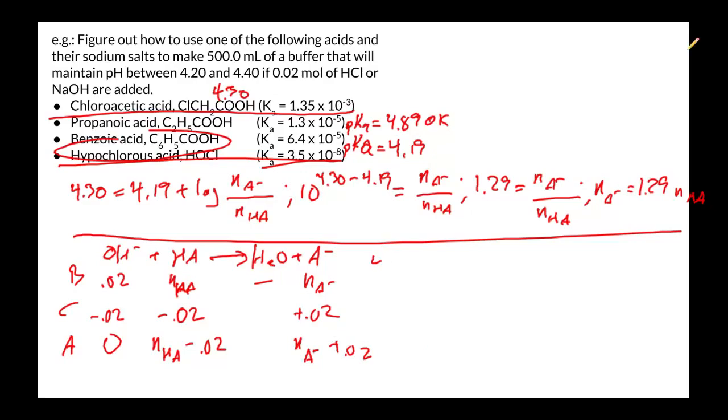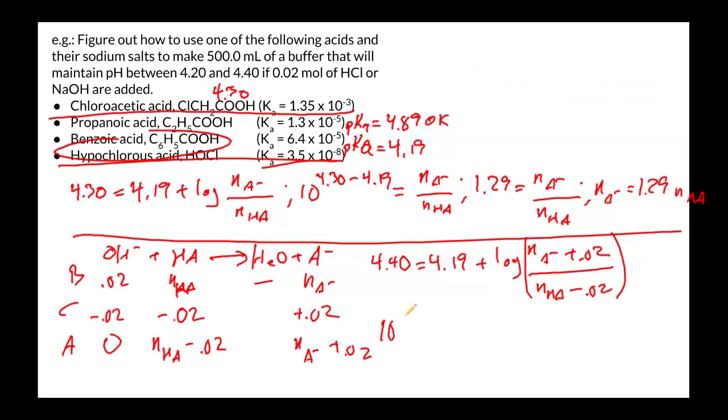The highest we want our pH to get is 4.40. Starting from a pKa of 4.19 plus the base 10 logarithm of original moles of base plus 0.02 divided by the original moles of acid minus 0.02. So we can take 4.4 minus 4.19 and raise 10 to it.